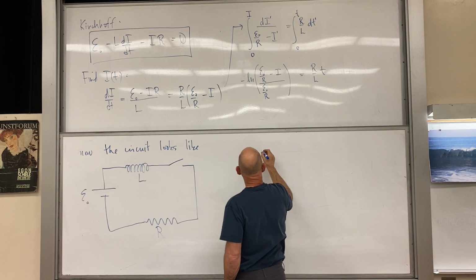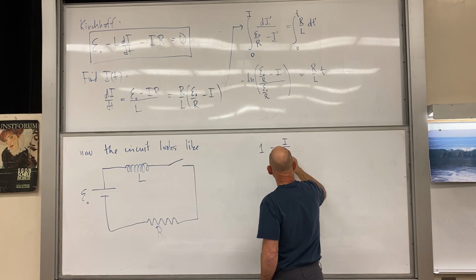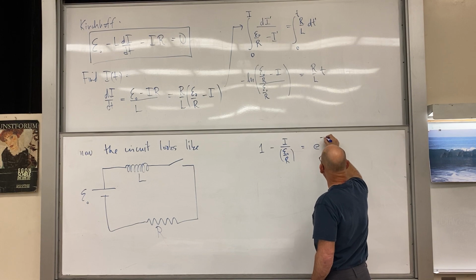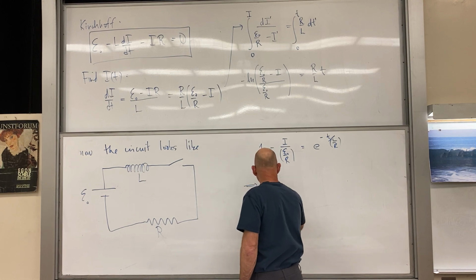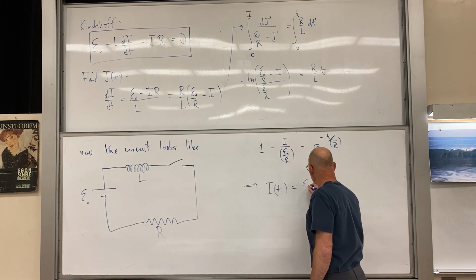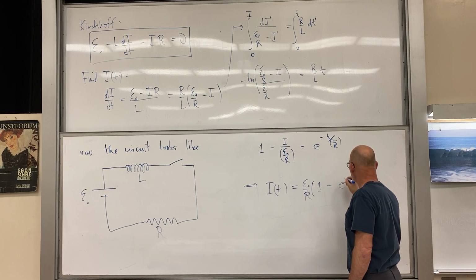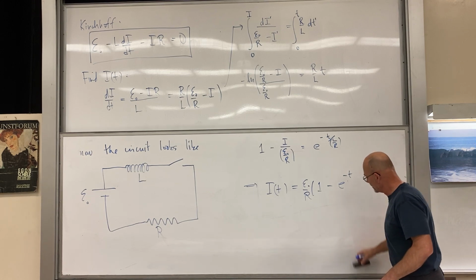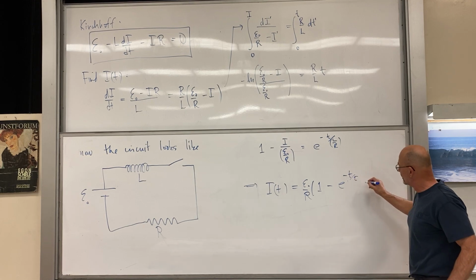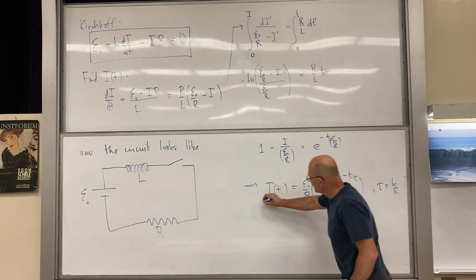Exponential of both sides gives us 1 minus I divided by E0 over R is equal to e to the minus t over L over R. Put it this way because we have a time constant, and then we'll get I of t equals E0 over R times (1 minus e to the minus t over tau), where I'm just going to write t over tau because there's our time constant, and tau is equal to L over R. And you'll see this makes complete sense.